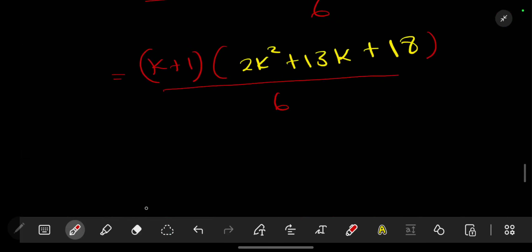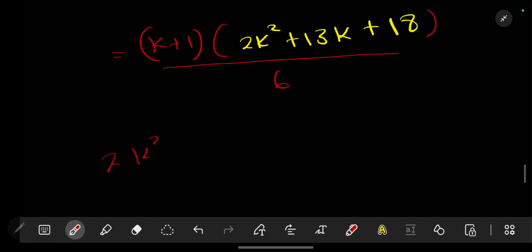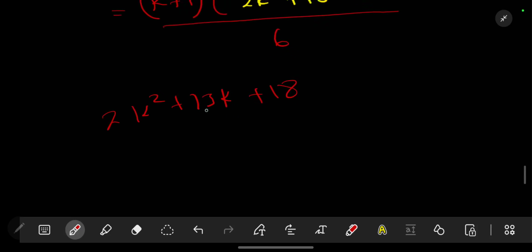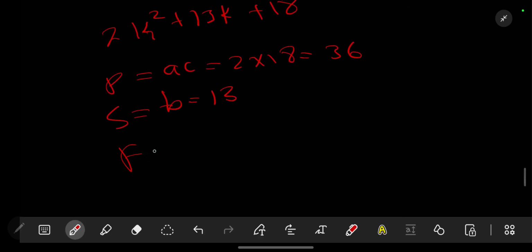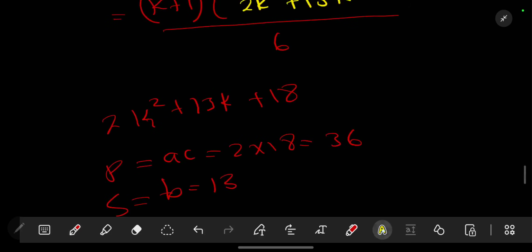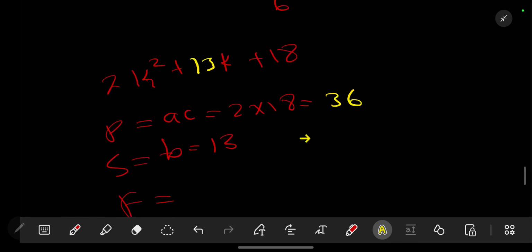Factorizing 2k squared plus 13k plus 18, the product is 2 times 18, which is 36. Then the sum is equal to b, which is 13. What are the factors? Two numbers which when you add them give you 13 and when you multiply give you 36.